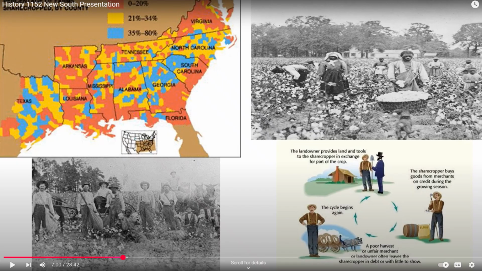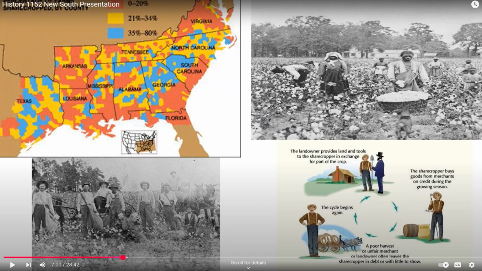If it's a bad harvest, or if cotton prices fall, or if there is a weevil infestation. Weevils were absolutely devastating to cotton agriculture, or if the soil just wears out over time because the crops are not being rotated. The sharecropper could have a very poor harvest and could not pay back his debts.